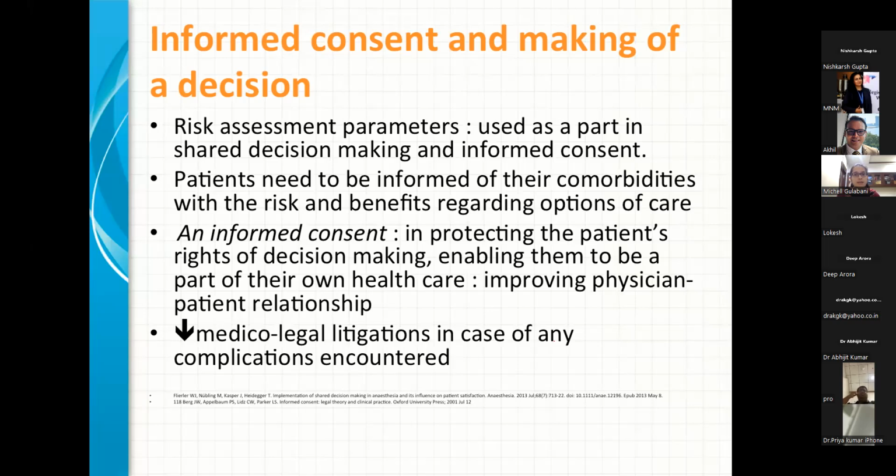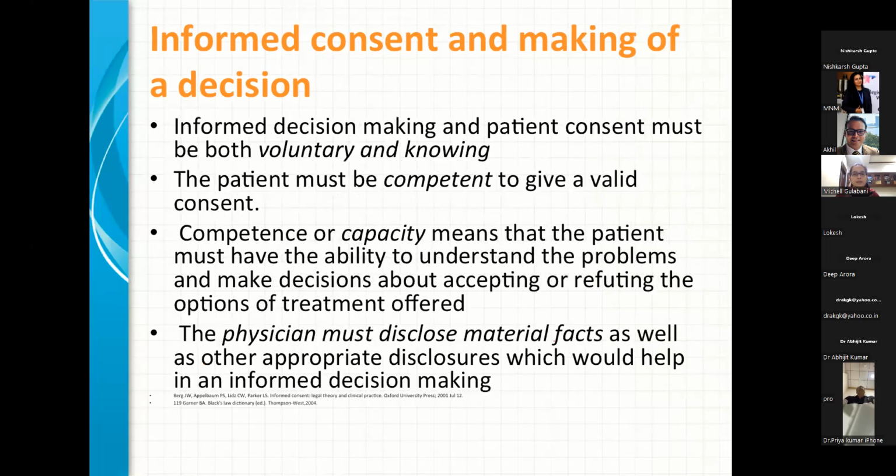Informed consent not only protects the patient's rights, but also enables them to take care of their own health, improving the physician-patient relationship, and also reduces medico-legal litigation in case of any complications encountered. Informed decision-making and patient consent should be both voluntary and knowing. Also, the patient must be competent to give a valid consent.